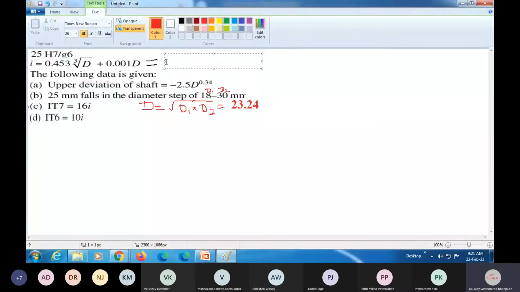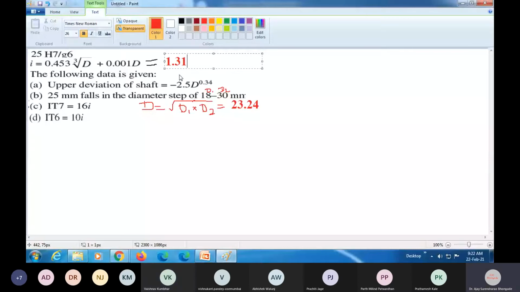What is the value of I now? 1.314. 316. 1.316.